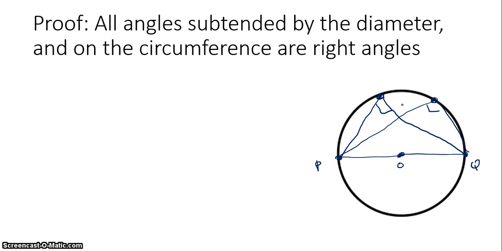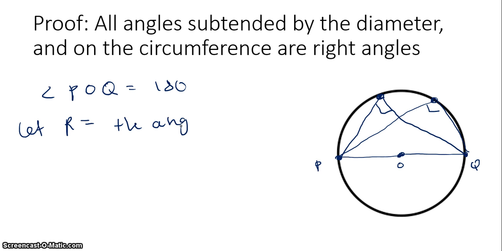So what we can say here is, since the angle POQ is equal to 180, okay, because it's a straight line, we can again use the fact that we're going to let R equal the angle subtended at the diameter.